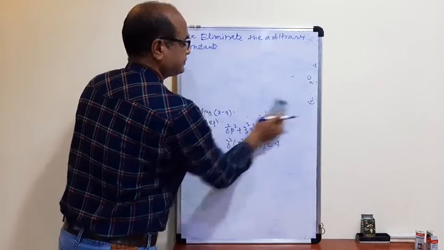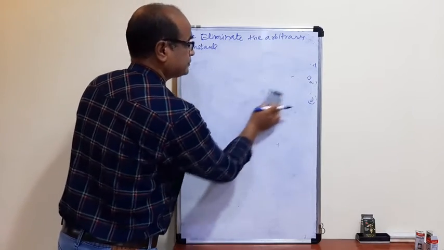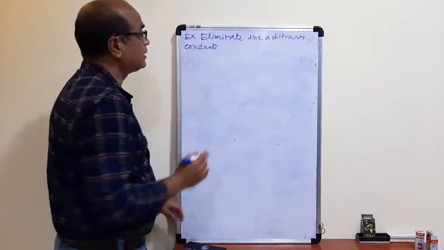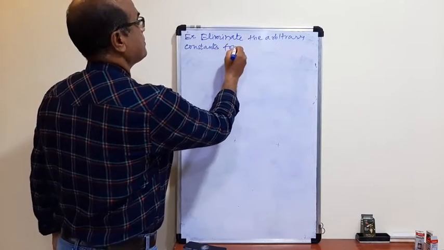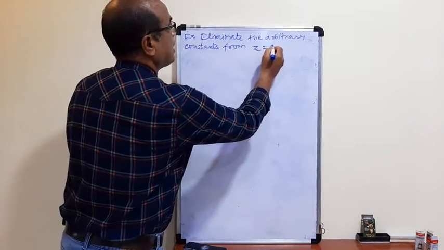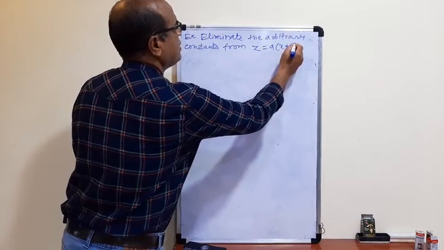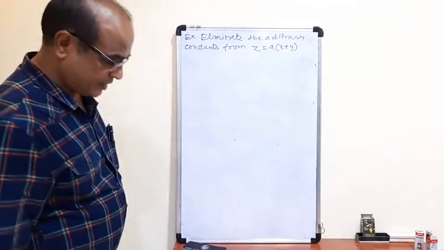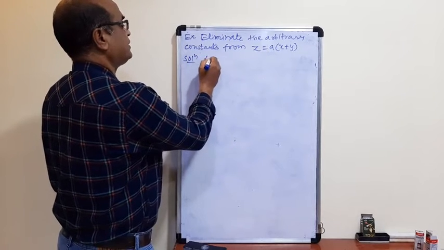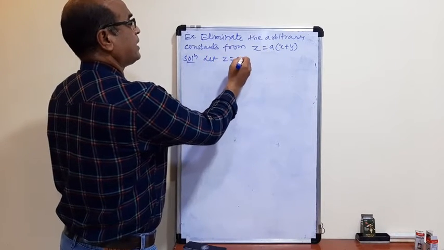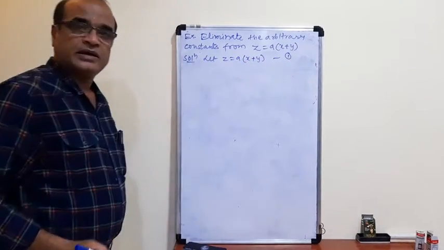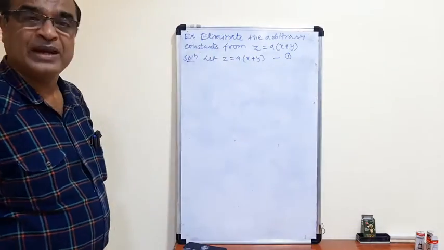Let's take: eliminate the arbitrary constants from z is equal to a into bracket x plus y. There is only one arbitrary constant, a. Okay. So what is the solution? Let z is equal to a into bracket x plus y be the given simple equation.